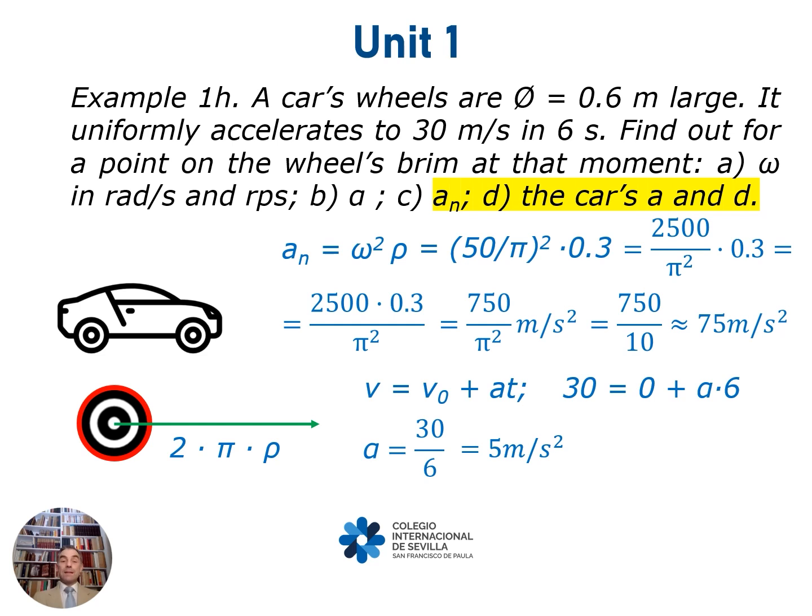The distance covered from the beginning of the movement will be r, final distance, equals r0, position at time 0, which in our case is the origin of coordinates, therefore 0, plus initial speed, which is 0, we started from rest, times the time, plus a half of the acceleration times the time squared.